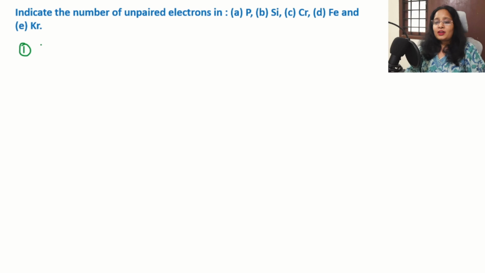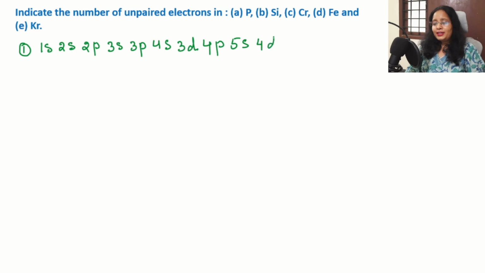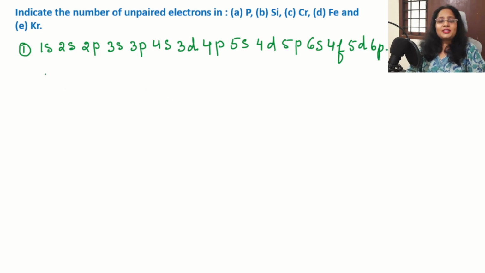There is a sequence you have to memorize: 1s, 2s, 2p, 3s, 3p, then 4s, then 3d, then 4p, then 5s, after that 4d, then 5p, then 6s, 4f, 5d, 6p and so on. This much is enough to memorize.